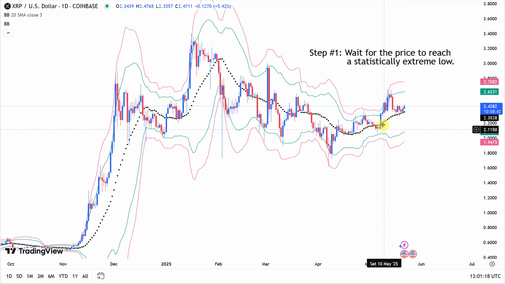The green lines will capture 95% of all trading activity. The pink lines are 3 standard deviations away from average, so minus 3 and plus 3. 3 standard deviations captures 99.7% of all trading activity.